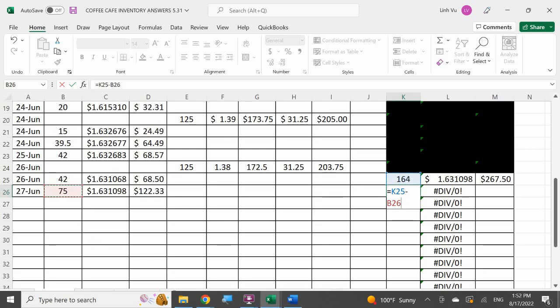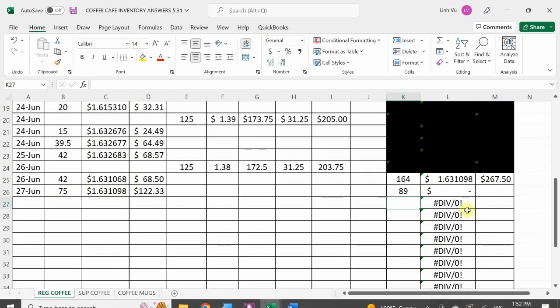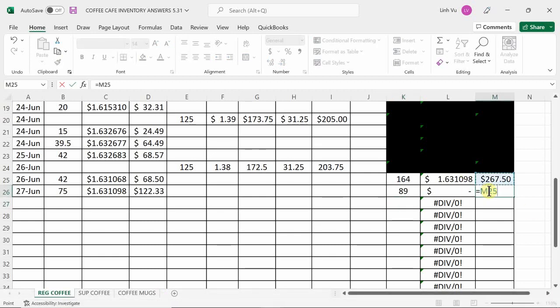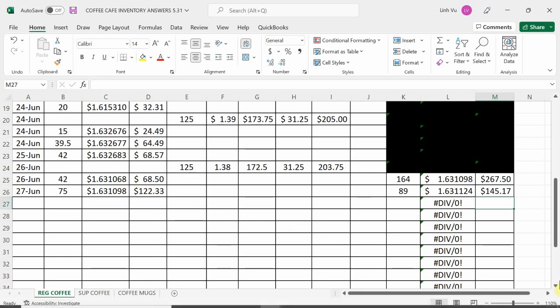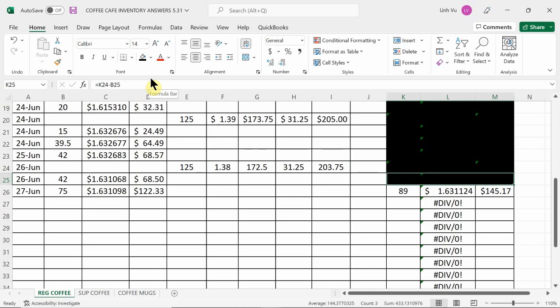How many pounds should I have left if I sold 75 pounds? Have 89 pounds left. Okay. And my total cost? $145.17. Okay.